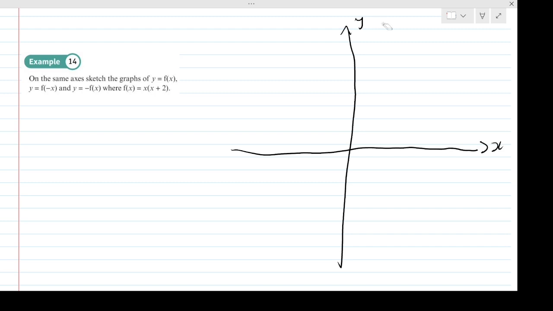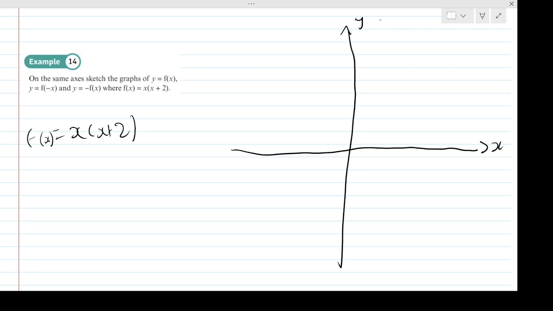So f of x, firstly, y is x(x plus 2), or we could call it f of x. Oh, that's plus 2, not plus 1. Again, that's a quadratic, so we should know how to sketch a quadratic.